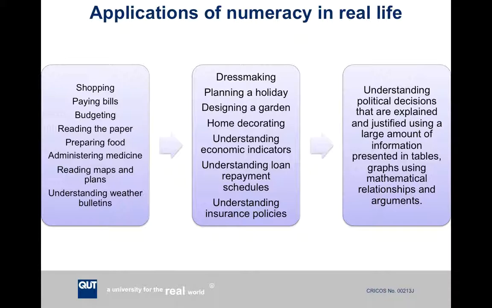And then if we look at the macro level, being able to understand political decisions, if we're talking about health, education, economics, they're often justified using information that requires mathematical knowledge to understand and interpret. So there's different levels of numeracy in real life.